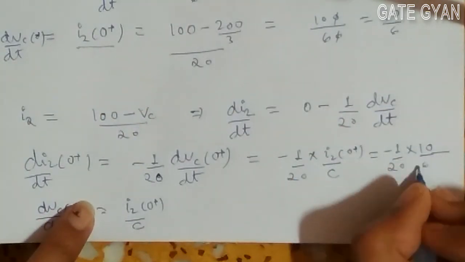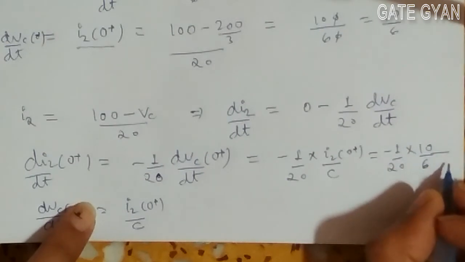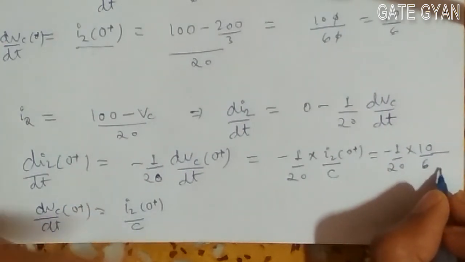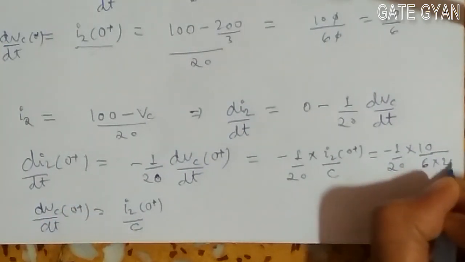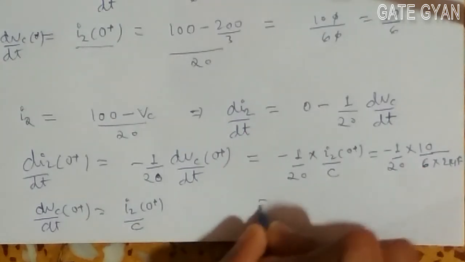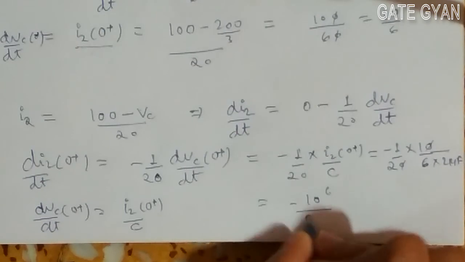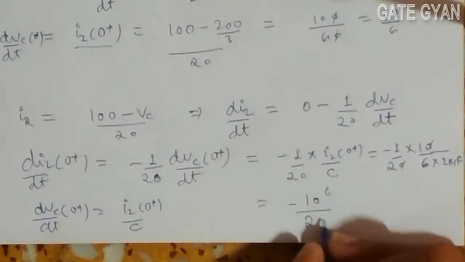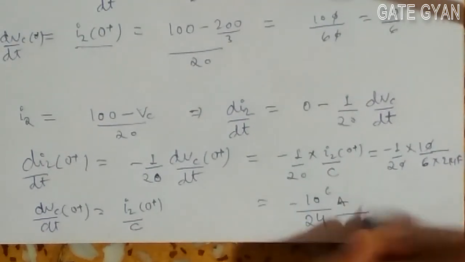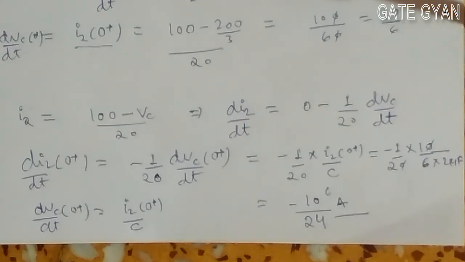I2 of 0 plus I have got as 10 by 6, and my capacitor value is 2 microfarad. So from here I will get minus 10 to the power 6 by 6 into 12 into 2, 24 ampere. So this will be my answer.